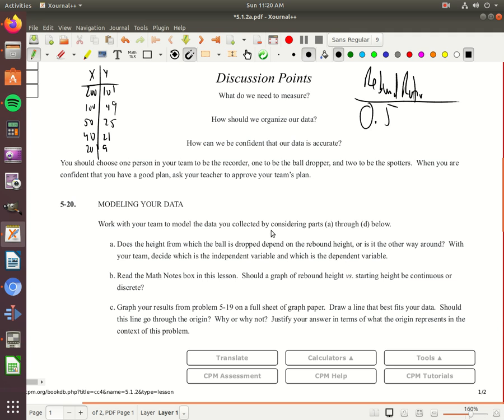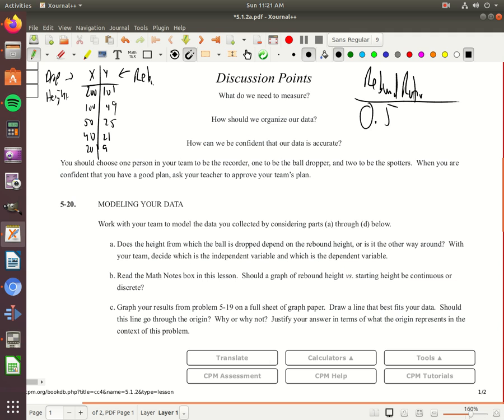It says, work with your team to model the data you collected by considering parts A through D below. Does the height from which you drop the ball depend on the rebound height, or is it the other way around? So which one should be the dependent variable and which one's the independent variable? Well, this one is going to be my drop height, and this one is going to be my rebound height.